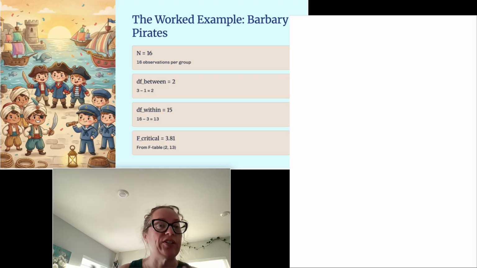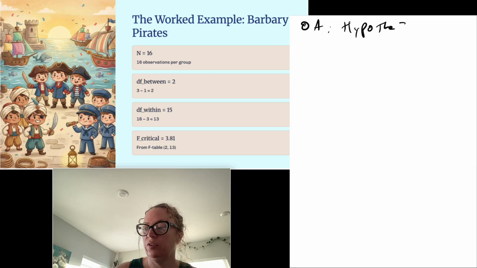Now we have to start with our setup, our pre-steps. Okay, so step 0A. That's our hypotheses. So we have our null hypothesis that the means are all equal.